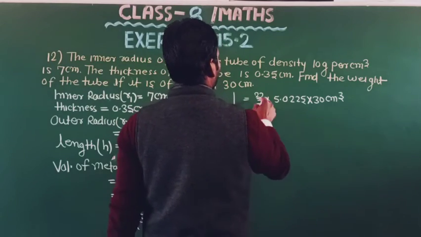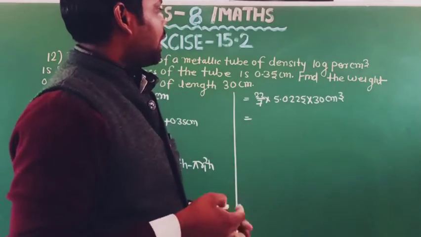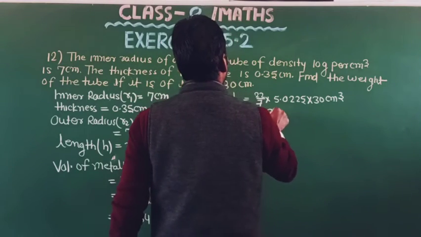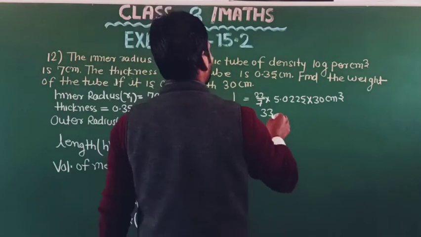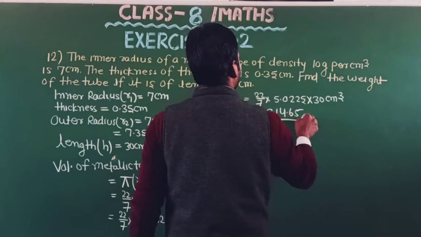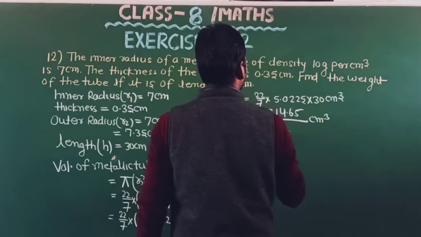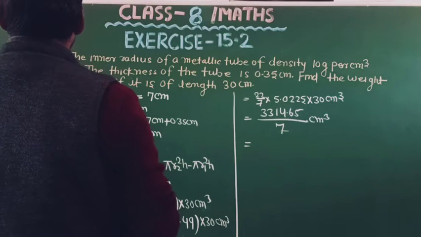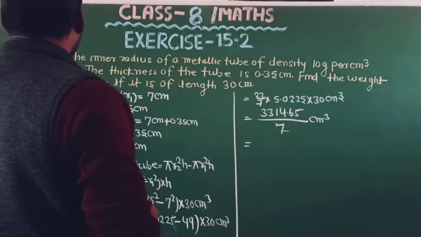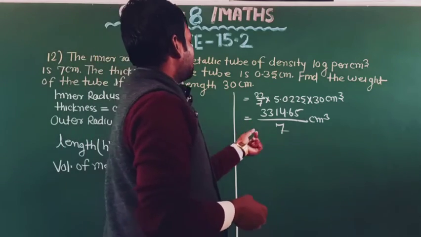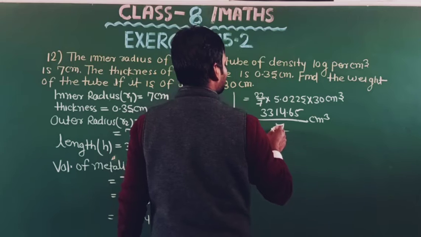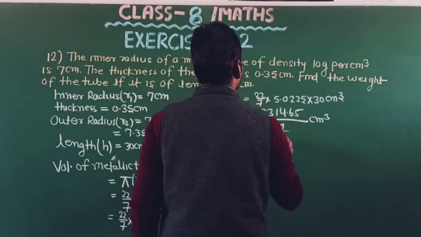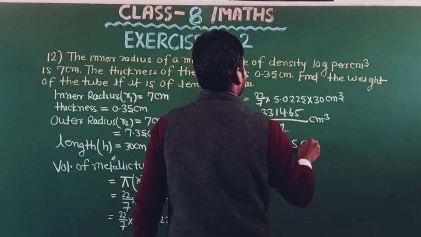Again multiply 22 by 5.0225 into 30, so that gives the value 3314.65 divided by 7 centimeter cube, and finally that gives us 4735.5 centimeter cube.